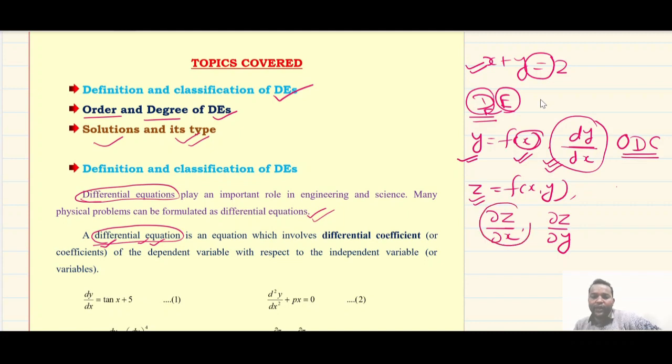Del z over del x is evaluated in the same manner as in the ordinary case, but here z is differentiated with respect to x, assuming the remaining variable, y, as constant. Similarly, to obtain del z over del y, we differentiate z with respect to y, assuming x as constant.